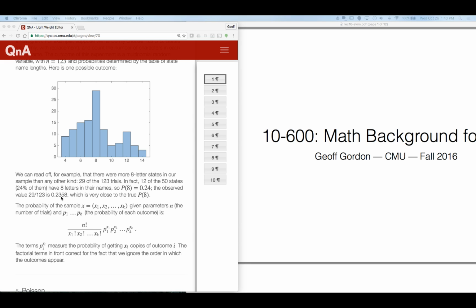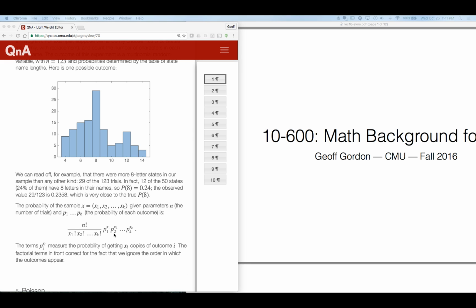And with a categorical distribution, the model is very simple, right? It's just probability pi of outcome i. Here, if we have a multinomial, the expression is slightly more complicated. If we have x1 copies of outcome 1, x2 copies of outcome 2, and so forth up to xk copies of outcome k, the probability of seeing that is the product of pi to the xi, right?